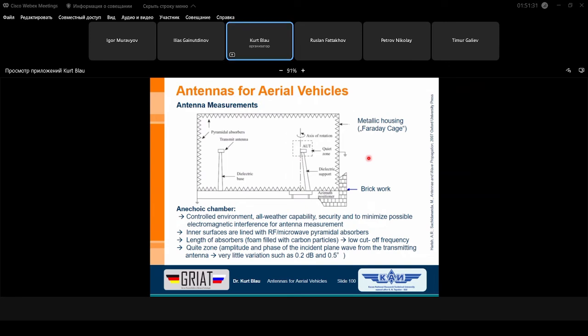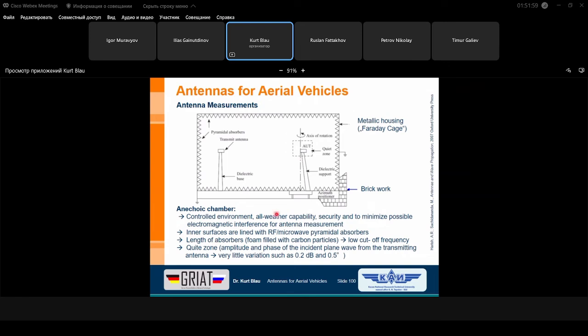Then the controlled environment, we discussed it, security and so on. And then the inner walls are lined with RF microwave pyramidal absorbers. So it's clear, I explained it. Again, the length of the absorbers, foam filled with carbon particles and ferrite particles, determines the low cutoff frequency of this anechoic chamber.